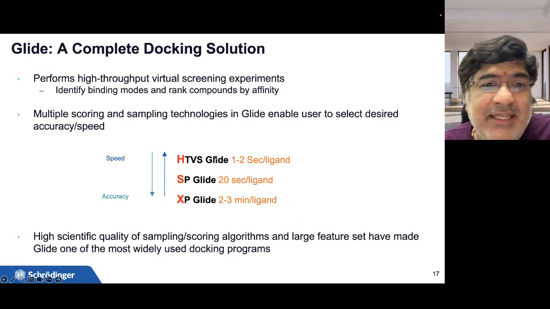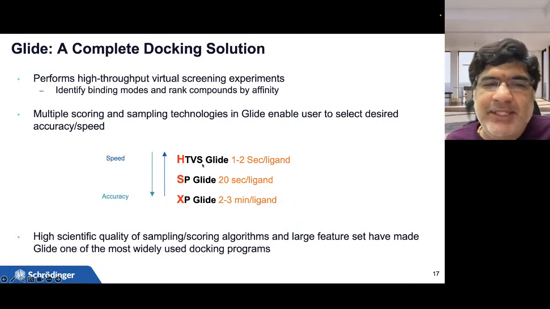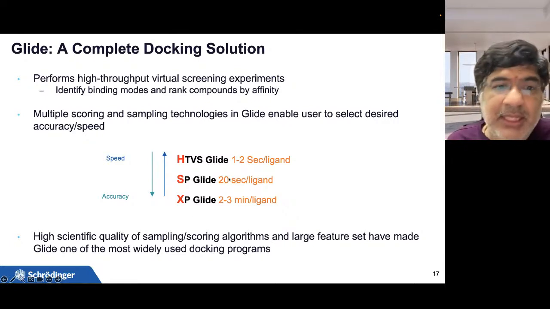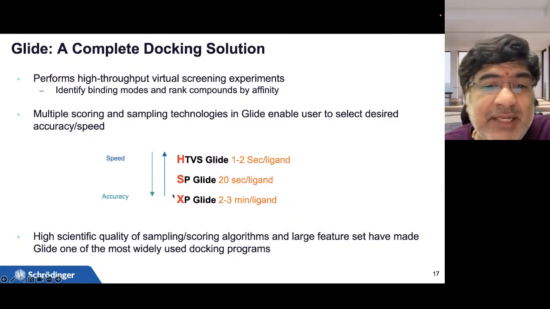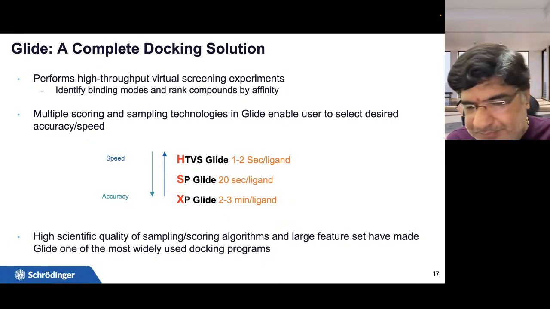In that case, I can go with the high throughput virtual screening method. Just 1 second it would take to complete the docking. The next precision level is standard precision, about 10 to 20 seconds. The most accurate method is called extra precision mode, which takes 100 seconds, 1 to 2 minutes.